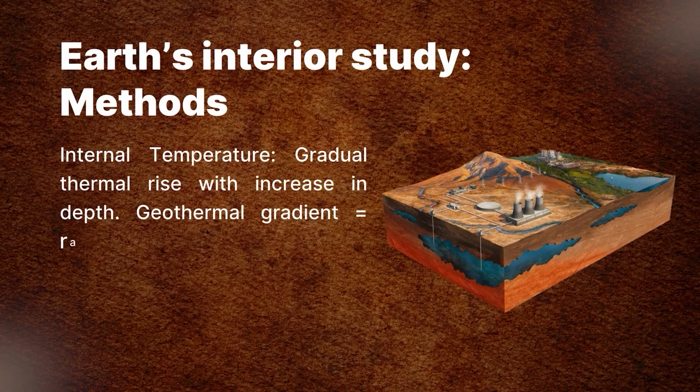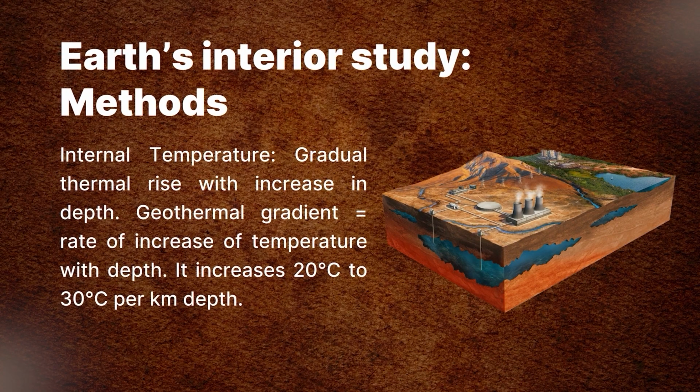Now the question arises, how do we study the interior of the earth? The methods are primarily based on internal temperature, internal pressure, and density. These are the three main important physical properties by which we can ascertain the interior of the earth.